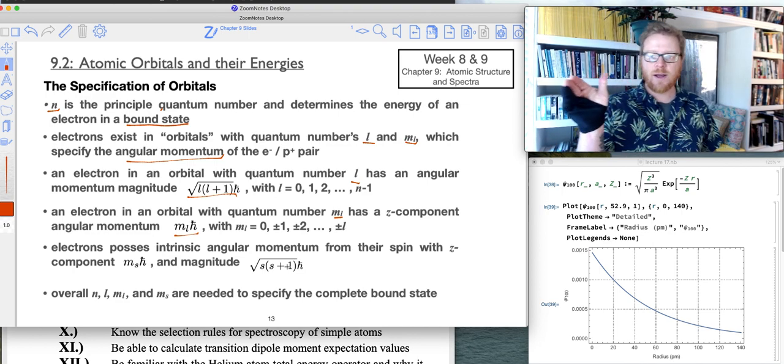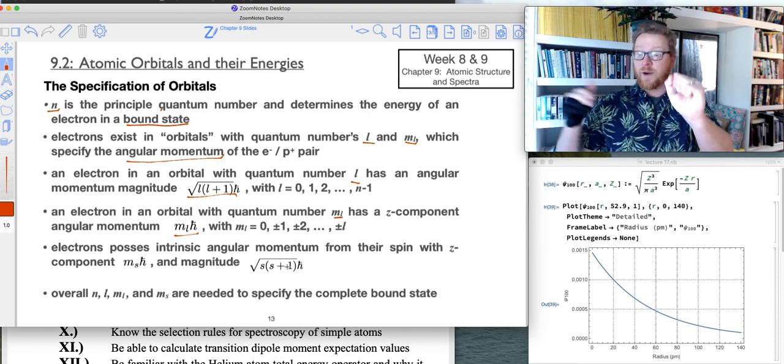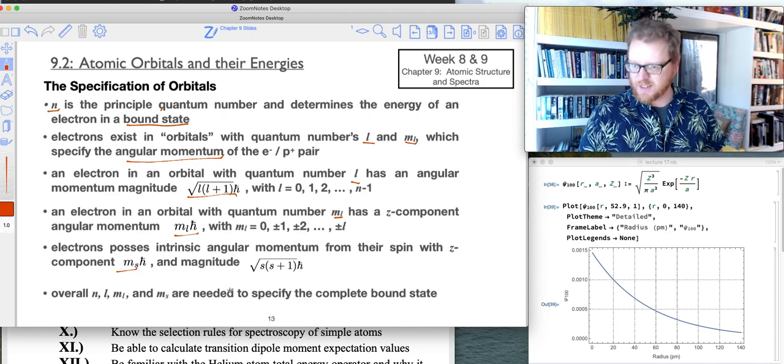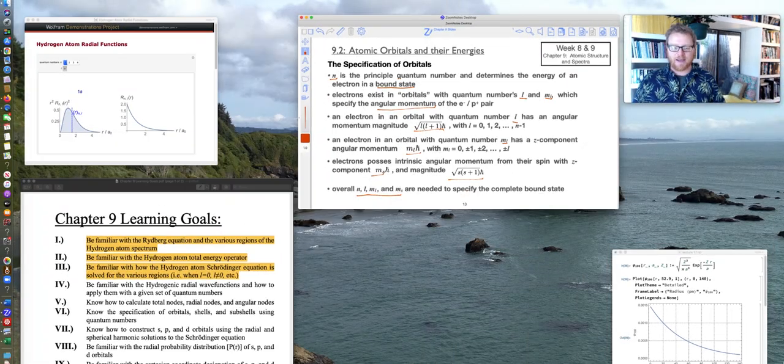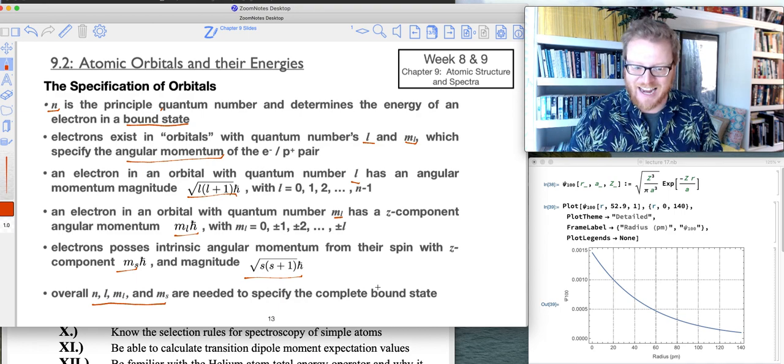So electrons are spinning round and round while they're orbiting the nucleus, much like our sun, moon, planet Earth system. ms h bar on the z component and total magnitude root s times s plus 1 h bar. And overall, we need n, l, ml, and ms to specify a complete bound state.